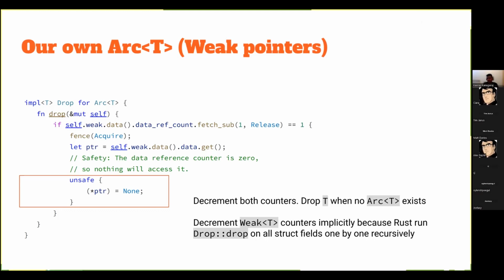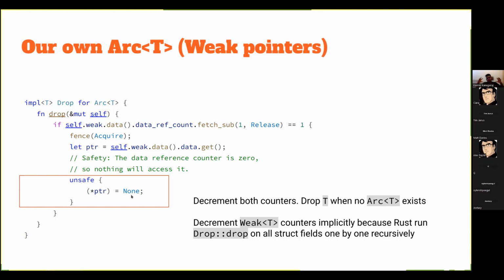Note this is not the ArcData, even though it's confusing. This is the data T, not the ArcData itself. So we get the pointer to the data, and this is basically the UnsafeCell of Option, right? And we are setting that Option to None.